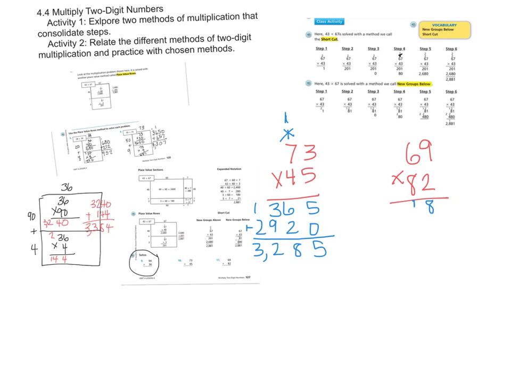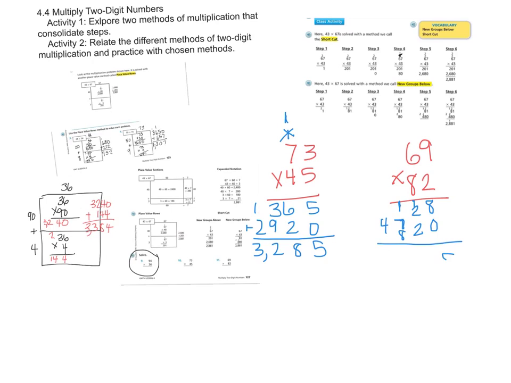And 6 times 2 is 12. You have a placeholder. Then you're going to have 8 times 9 is 72. And then you're going to have 6 times 8 is 48.